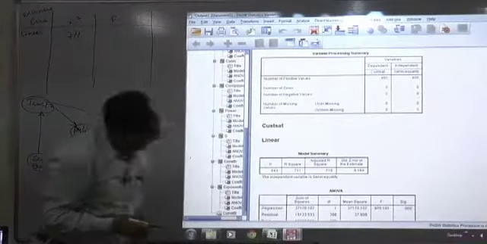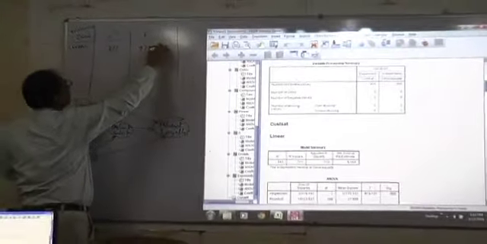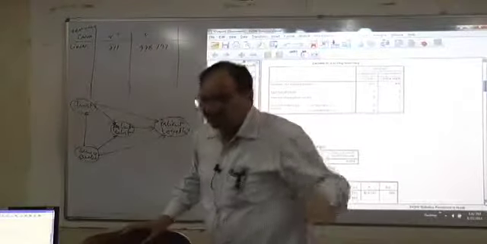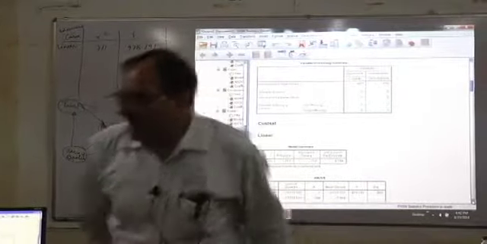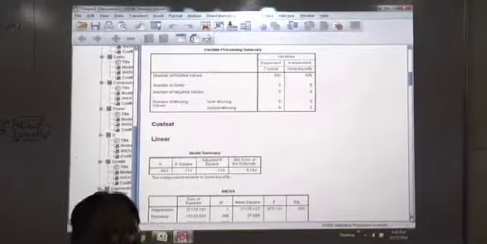F is 1978.191. This is how you put all the curves and develop a summary so that you can compare.